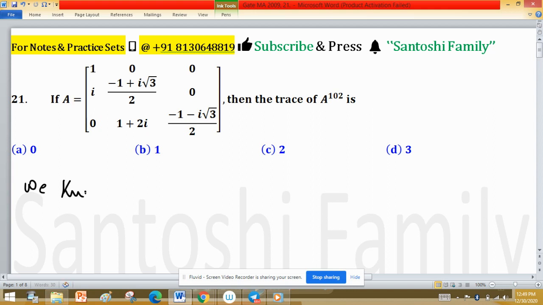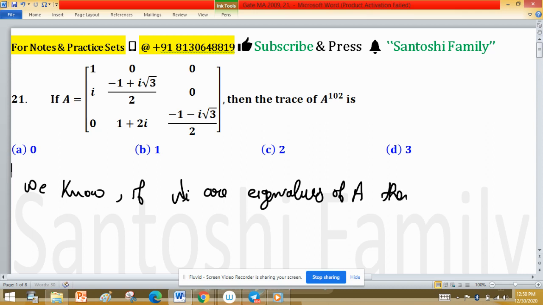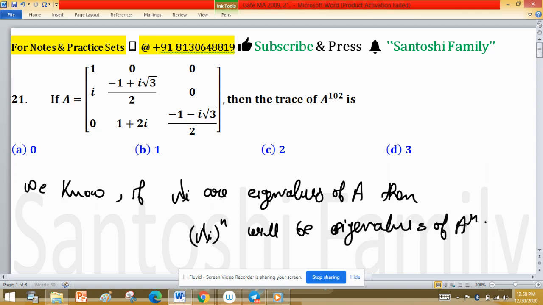We know if the λi's are eigenvalues of A, then λi raised to the power n will be eigenvalues of A raised to the power n.